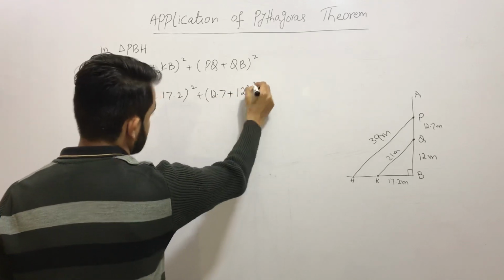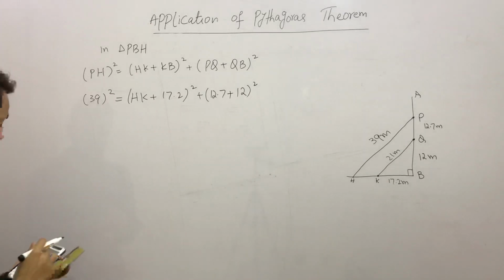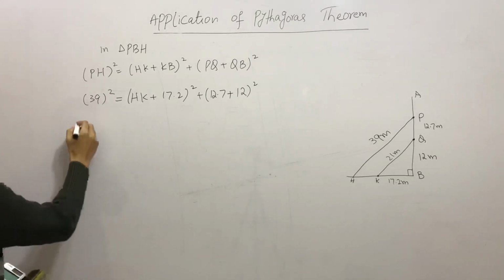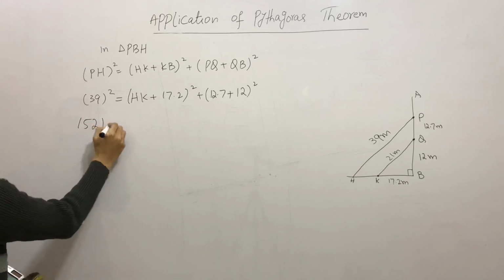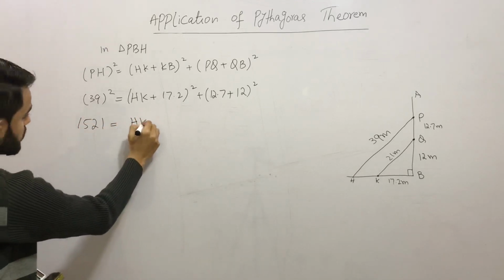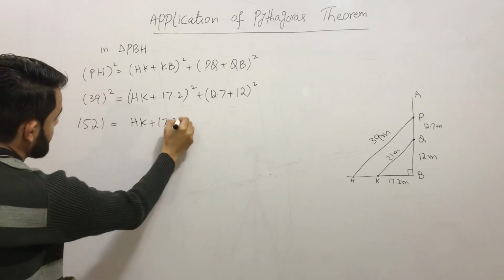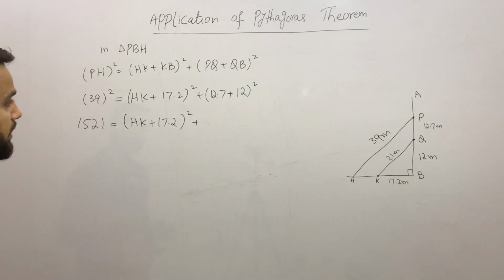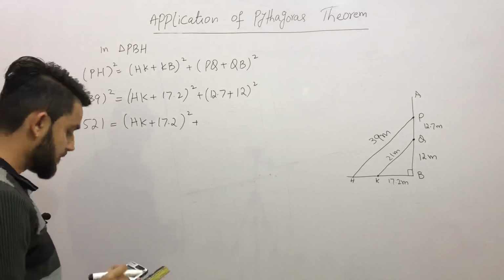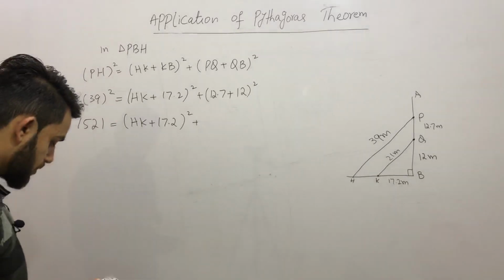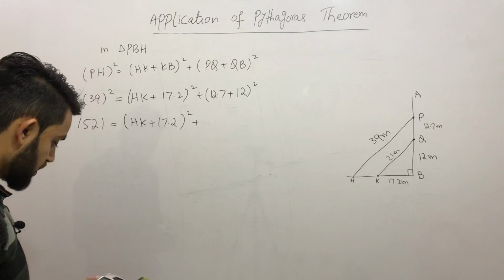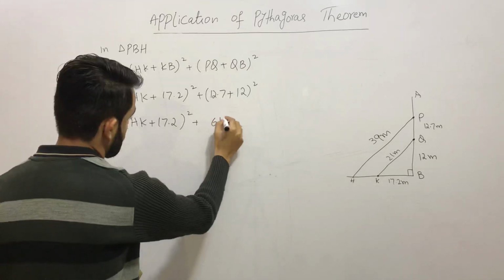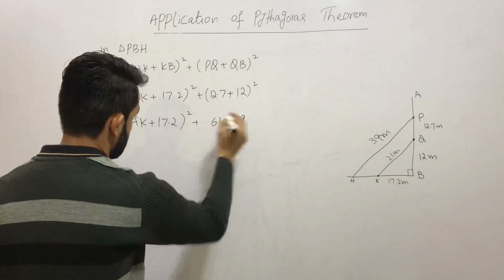QB is 12, square. Now 39 square, we can do that on the calculator and we will be getting 1521 equals HK plus 17.2 square plus 12.7 plus 12, that is going to give you 24.7, and square of 24.7 is going to give you 610.09.